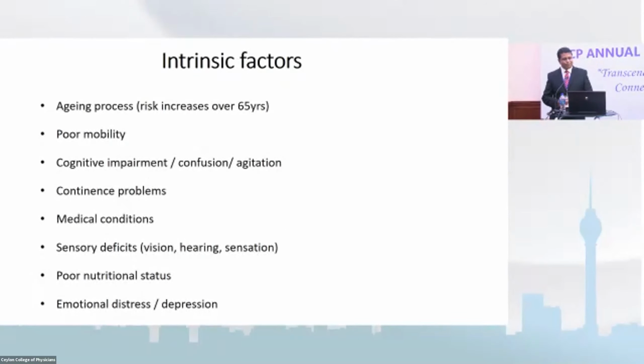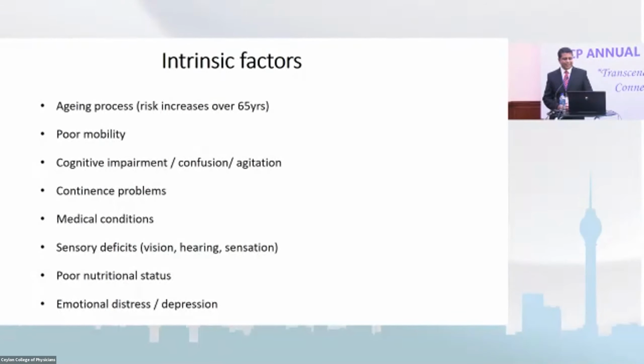Aging per se. As I said, patients above 65 have about a one-third risk of falling, about 30% per year. When it comes to 80 years or more, they have a high risk of falls, about a 50% chance of falling per year.